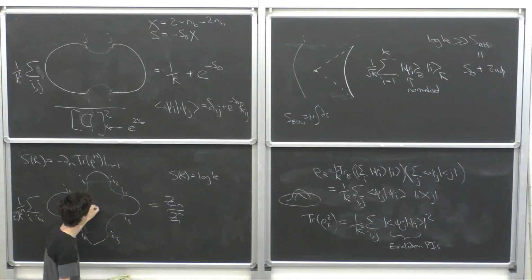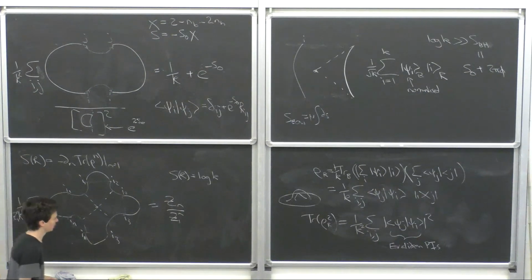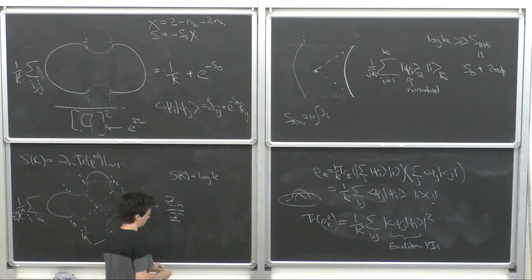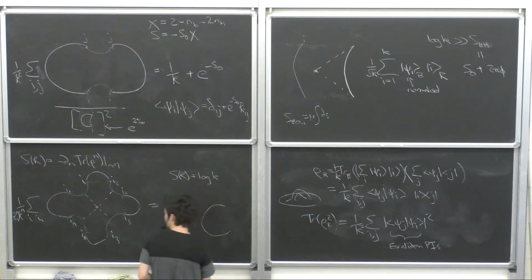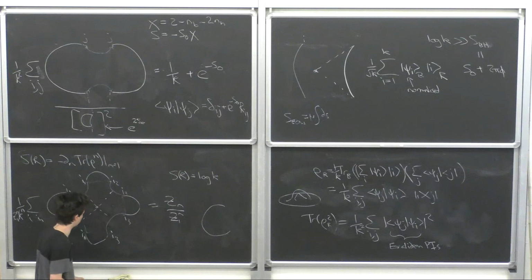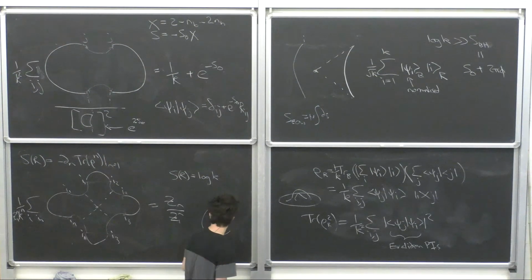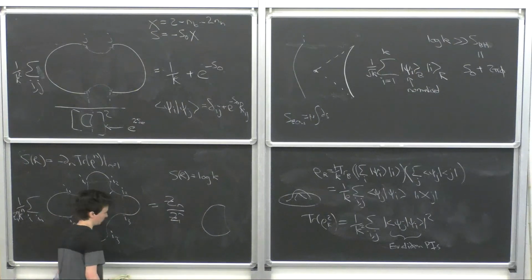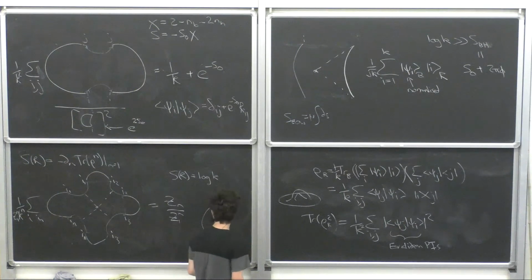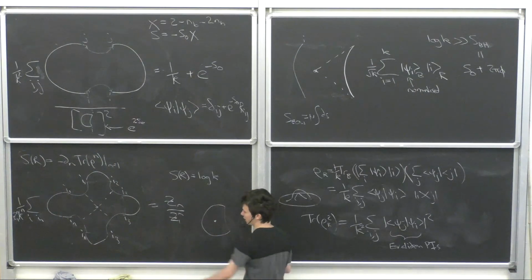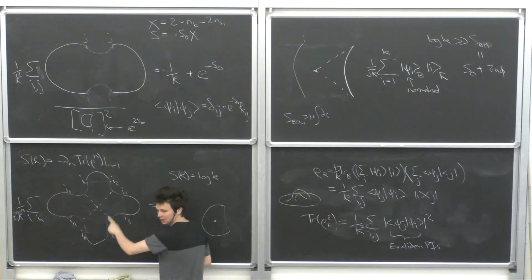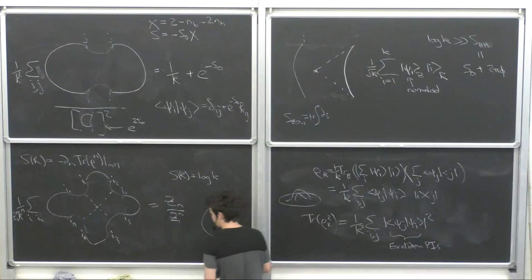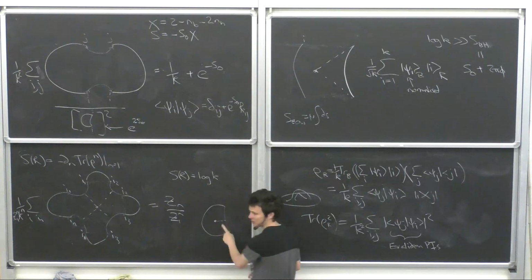And indeed, we can see very explicitly here, if we quotient this by the Zn symmetry, so we just look at one of these n wedges, then we get a geometry that looks roughly like the single Euclidean black hole, except that there's a branch cut starting at a conical singularity here, that's this fixed point of the Zn symmetry, that then extends all the way to the end of the world brane.